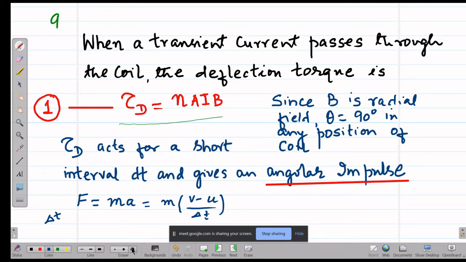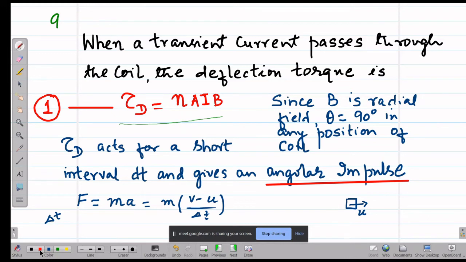When a force is acting on a body of mass m, what will it produce? It will produce an acceleration. What is acceleration? Acceleration is rate of change of velocity, right? So you have a body which is moving with some constant velocity u, let us say.